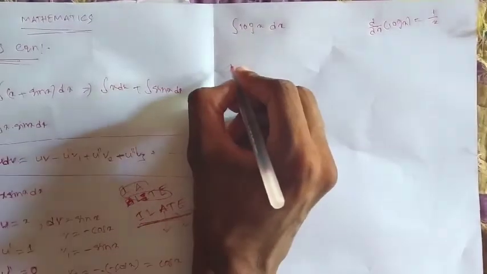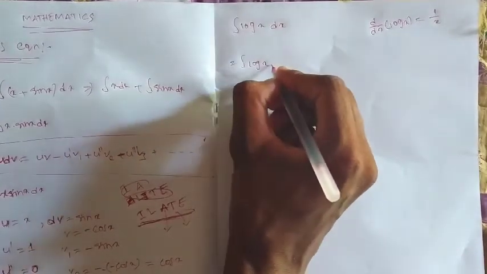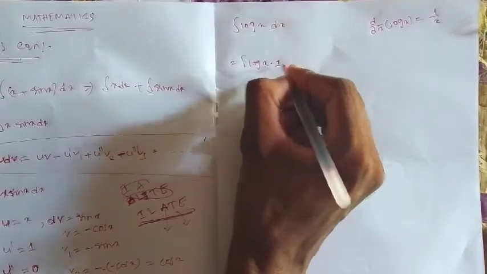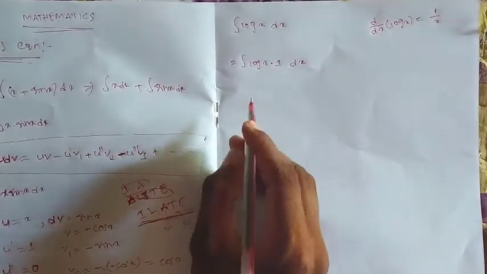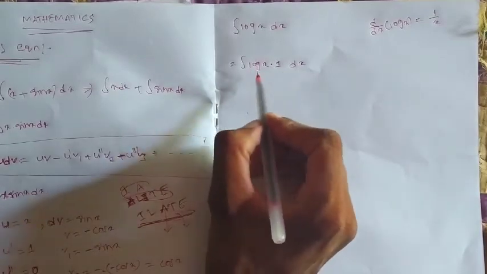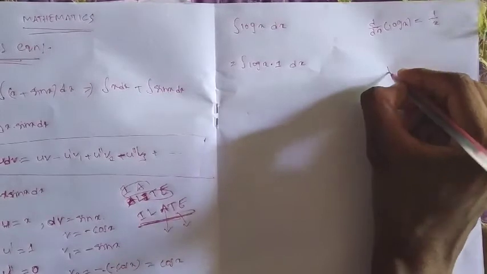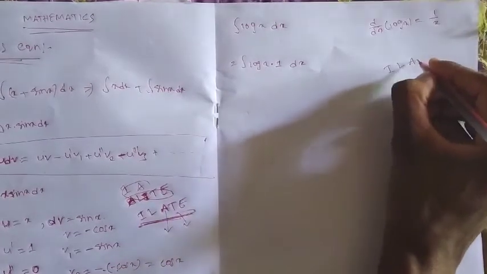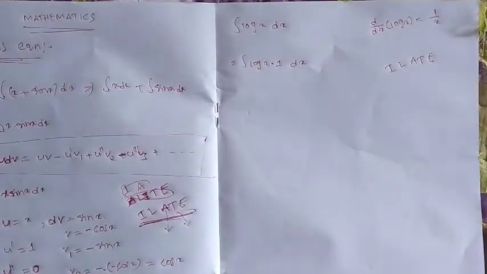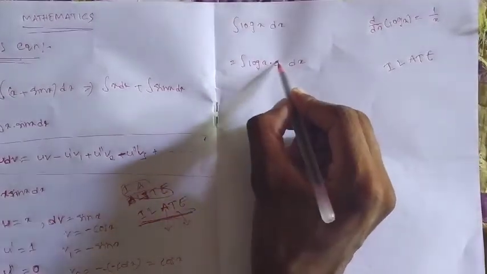So I can write log x as log x into 1 dx. I can write in this way. So integration of log x into 1. In this we have one logarithmic term and one algebraic term.